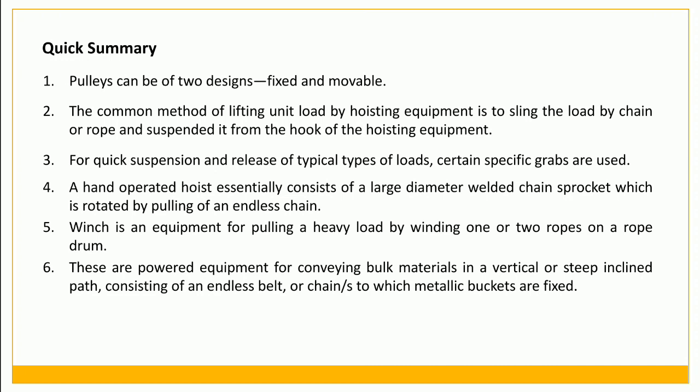Then we have studied bucket elevators, which are powered elements for conveying bulk material in a vertical or steep incline path. There are different types of bucket elevators available, and we have also studied the capacity calculation for bucket elevators, and we know the bucket filling factors lie between 0.85 for powdered material and 0.4 for sluggish material.